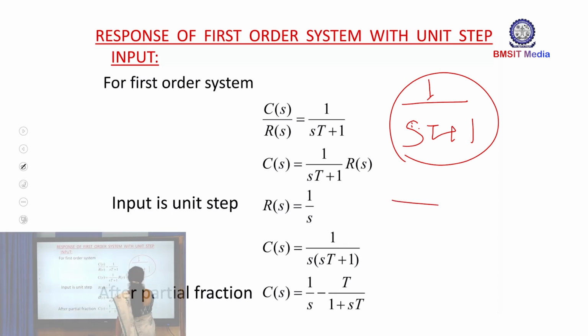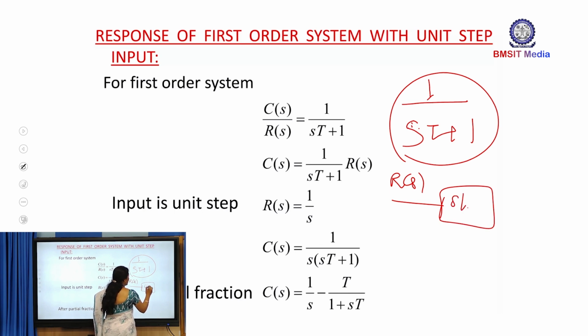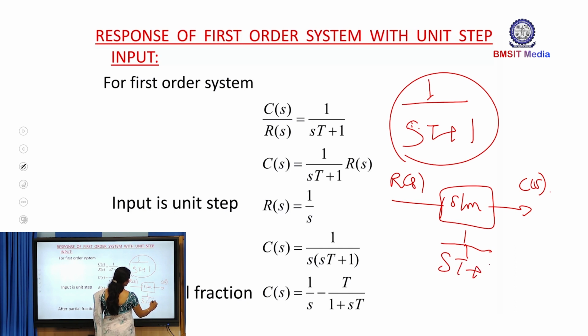For any system, r of s will be my input, and my output will be c of s. The response of this particular system is 1 divided by s t plus 1.